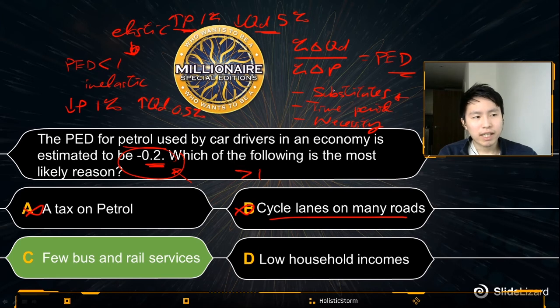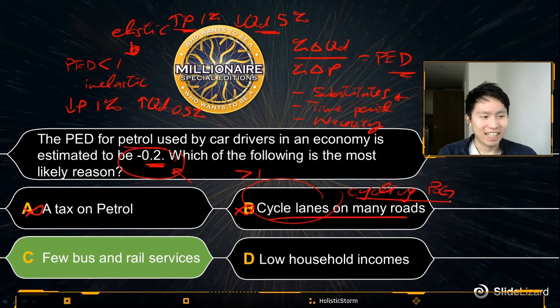That would be the case if you've got many options. So if the price increases by 1%, then you can say, fine, I'm not driving to work, I'm cycling to work. Then in that case, it should be more elastic, right? Because cycling is an alternative.